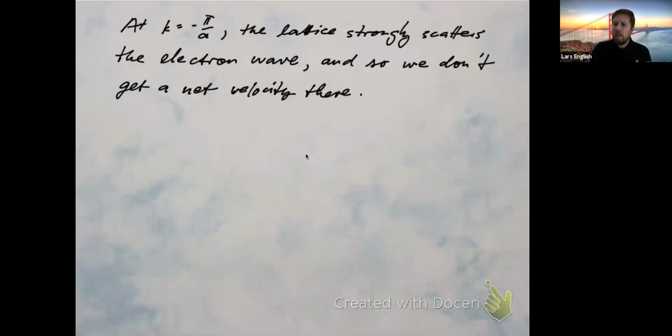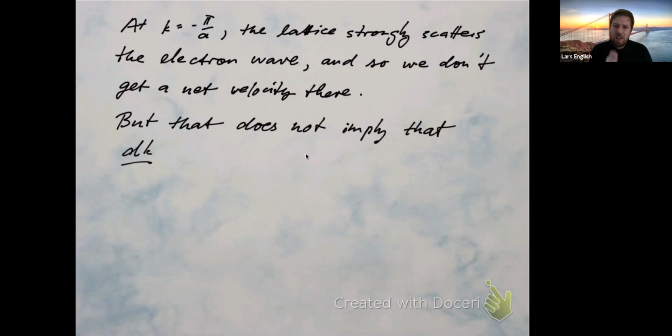That's what we said way back, that this is one of those magic wave numbers where Bragg scattering happens very prominently, and so we get no velocity because the electron is moving to the left. When the Bragg condition is satisfied, then we get backscattering in one dimension.